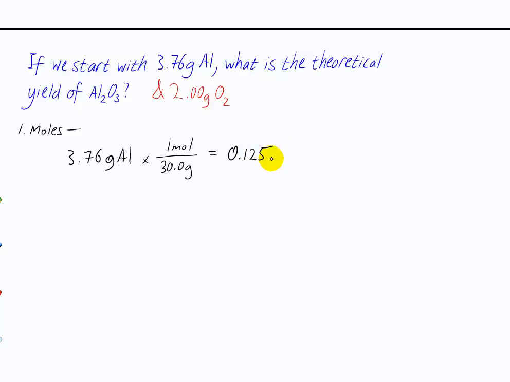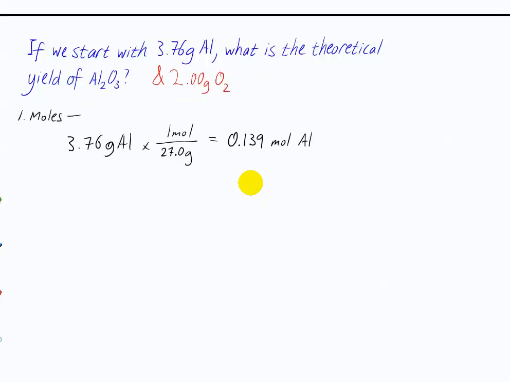So that's 0.125 moles of aluminum. Oh, yeah, 27, sorry. It's hard to see from this far away. So what is that actually? Yeah, that sounds better. Okay. 0.139 moles aluminum. And then we do the same thing with oxygen.